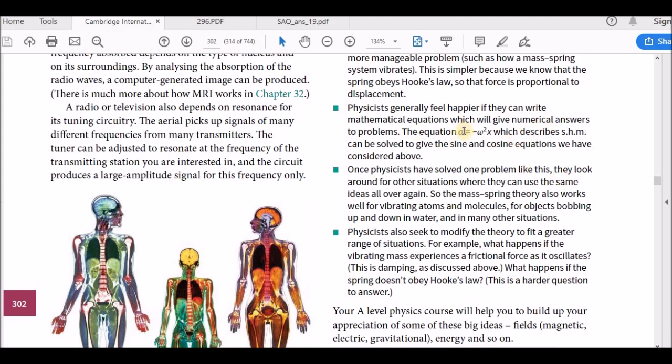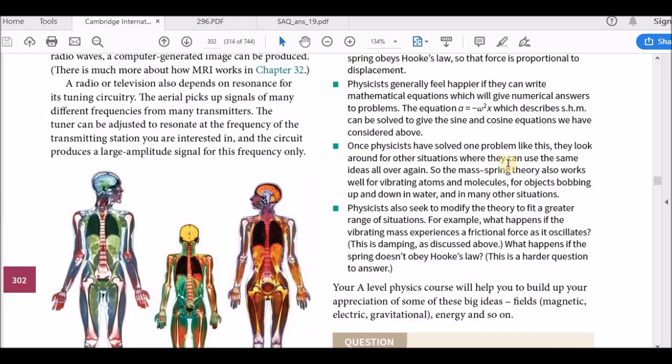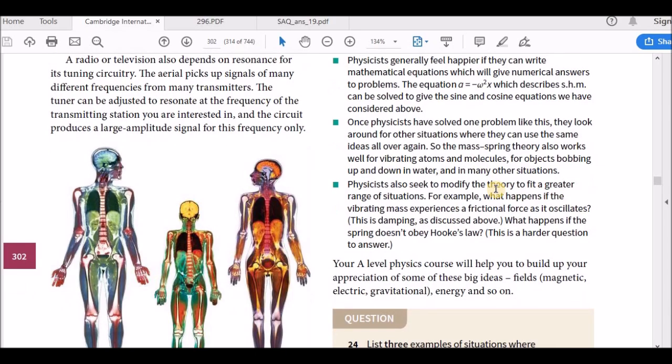Okay, so about the equations over here, they are explaining the sine and cosine equations we have considered above. Okay, so here they are explaining about the analogy. The spring mass system also works well for vibrating atoms and molecules, for objects bobbing up and down in water, and in many other situations.